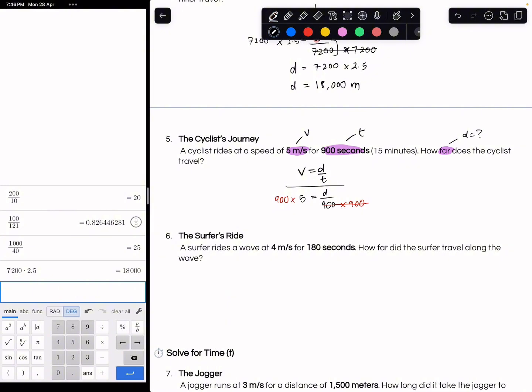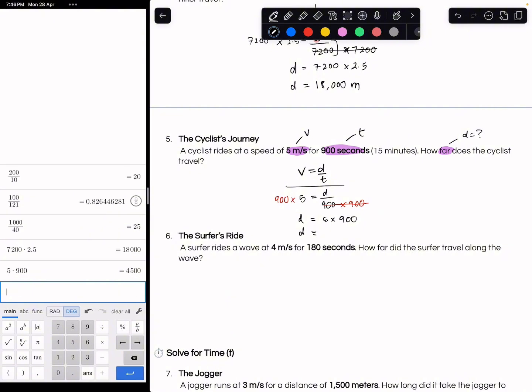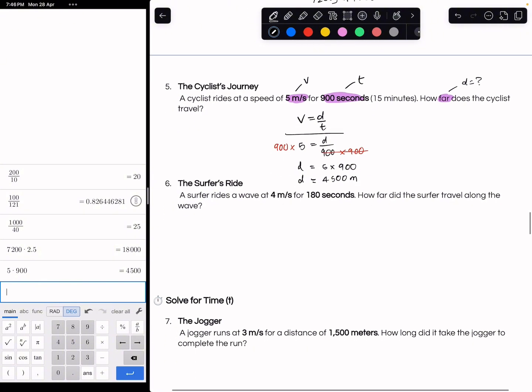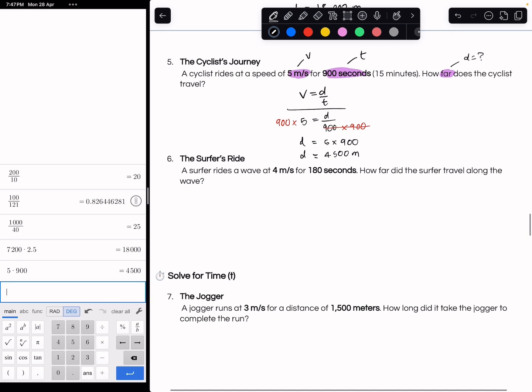So what I'm left with now is d equals 5 times 900. Pop that into the calculator. 5 times 900, we get 4,500 meters. So the cyclist travels 4,500 meters. Okay, next question.